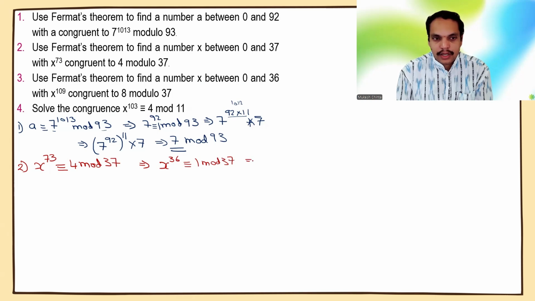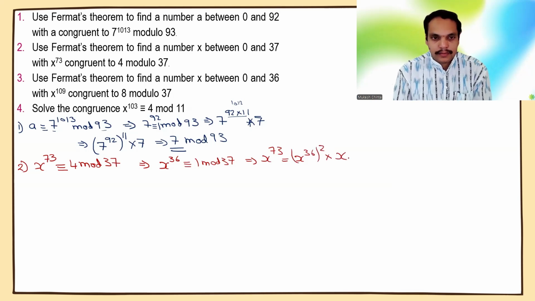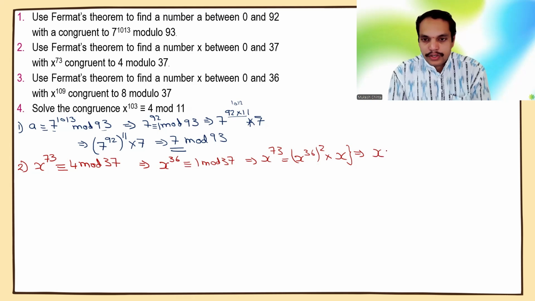In that case, I can write x power 73 as x power 36 whole square into x. Now, if I implement this, I can write down x is equal to 4 mod 37.